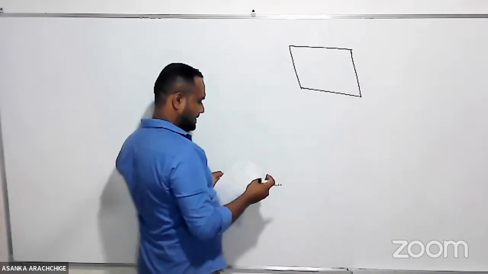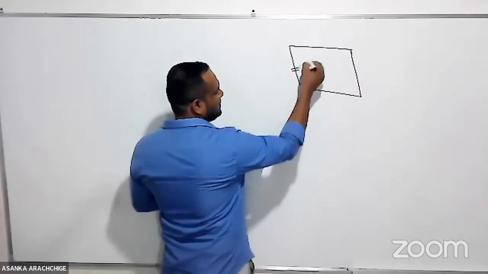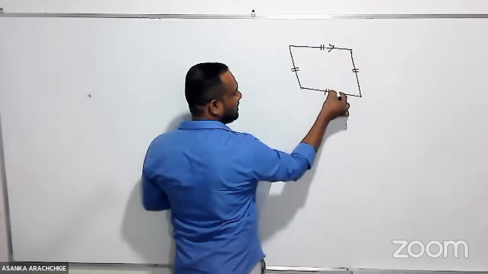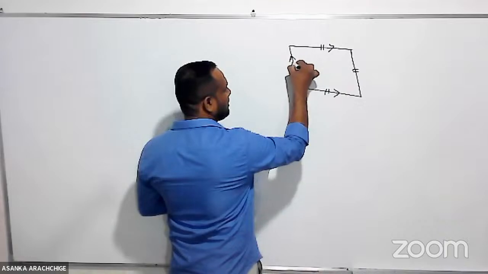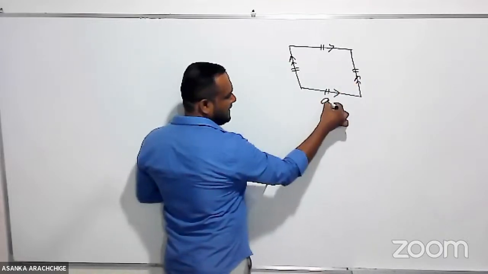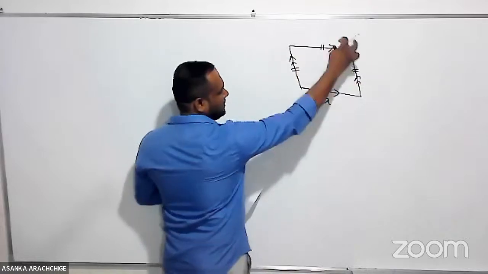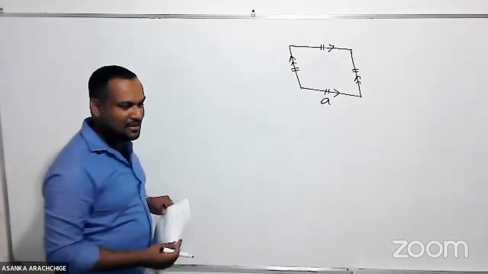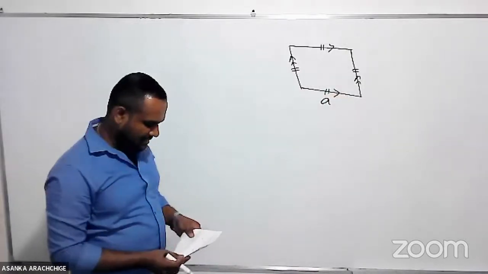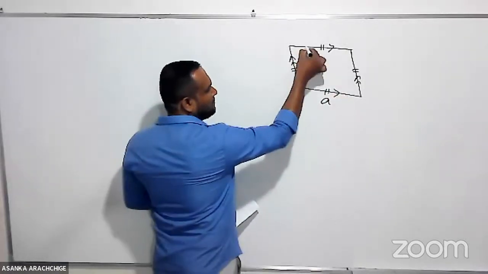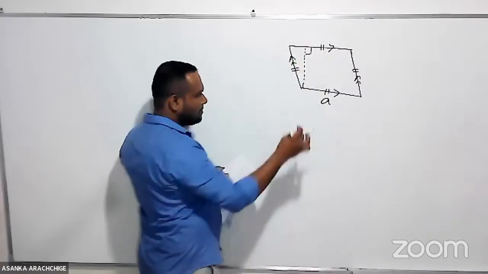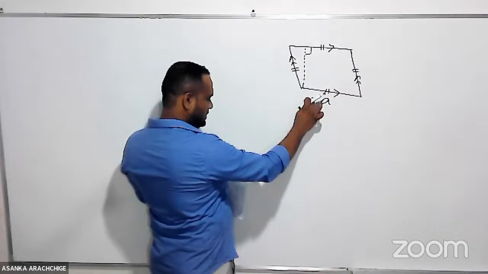These sides are equal and parallel. So if you take this side as A, then each side is A. And you are given the perpendicular distance between these two as 12.